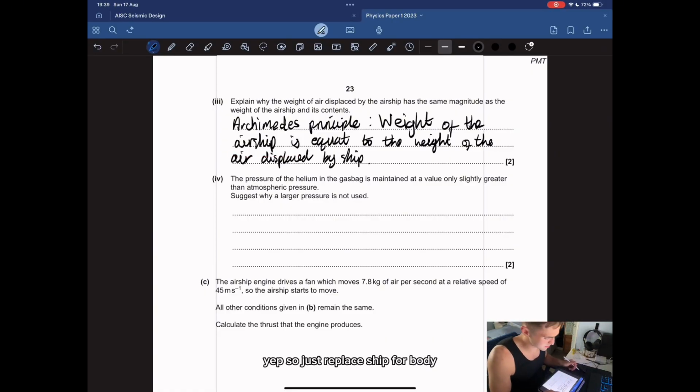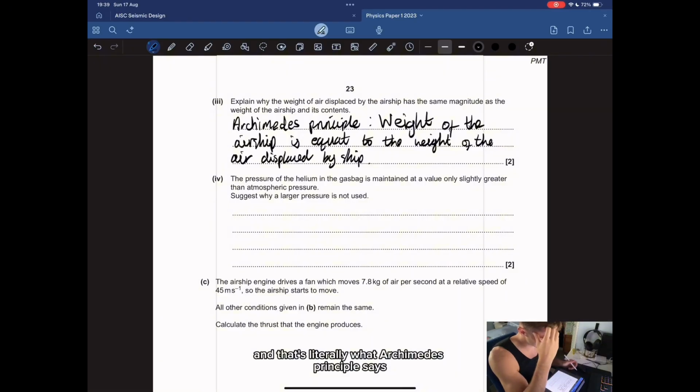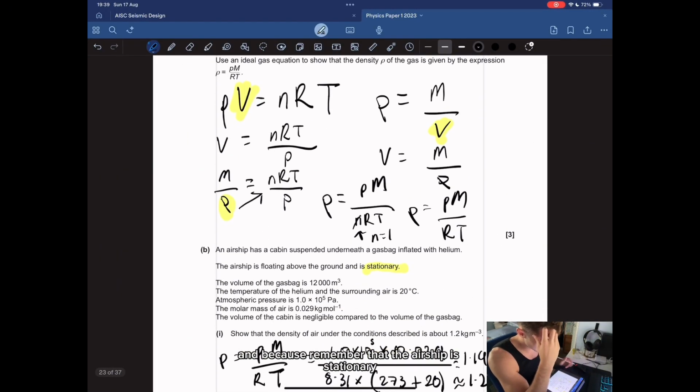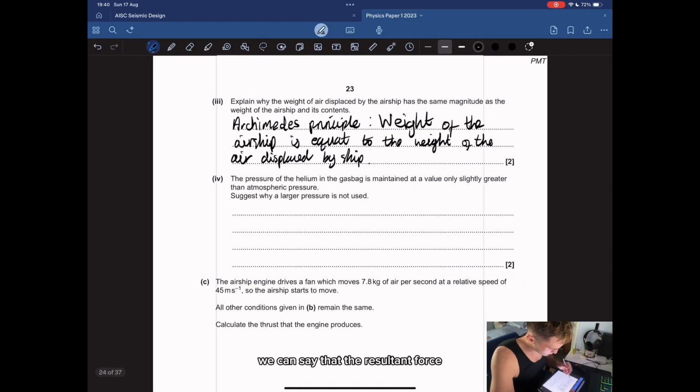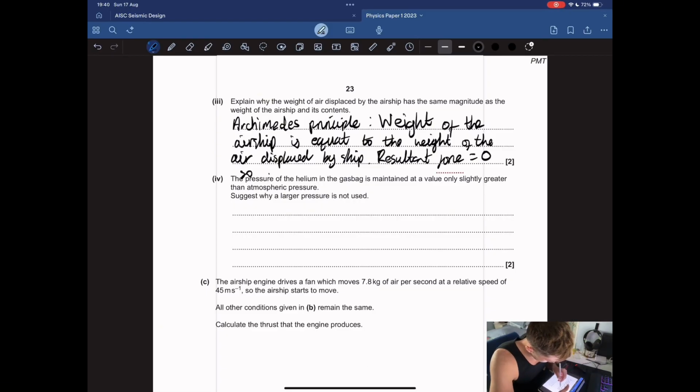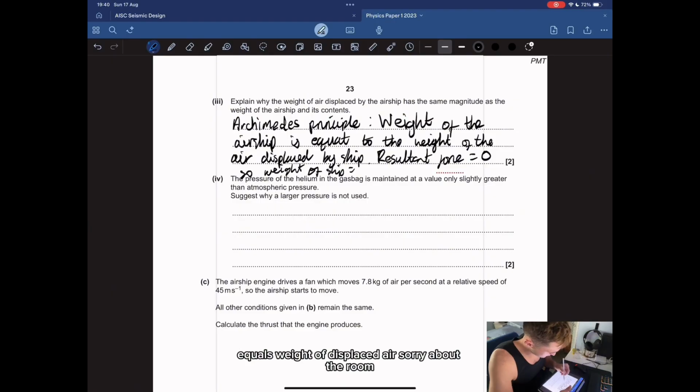Just replace ship for body, and that's literally what Archimedes' principle says. And because the airship is stationary, we can say that the resultant force equals 0, so weight of ship equals weight of displaced air.